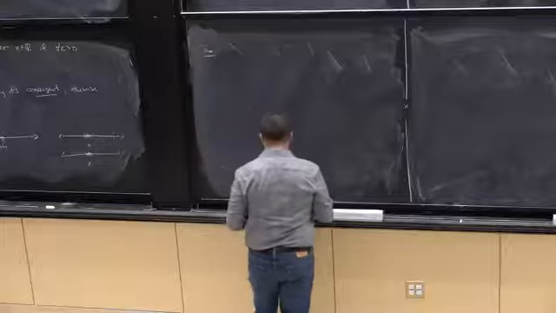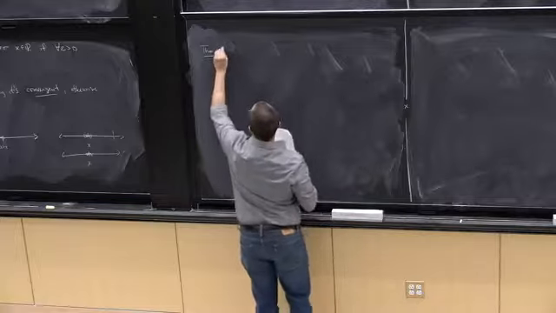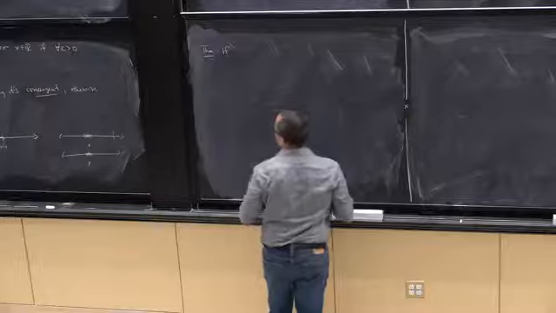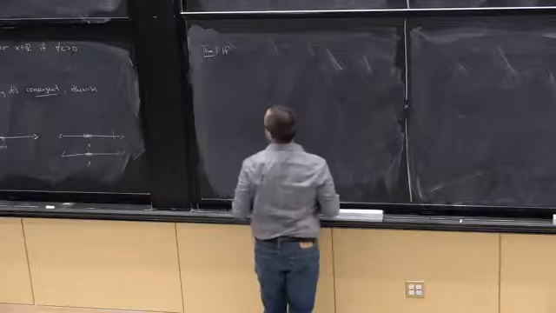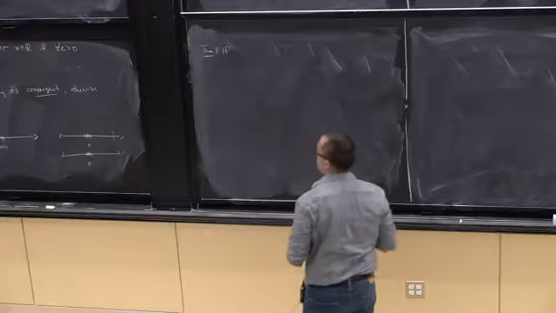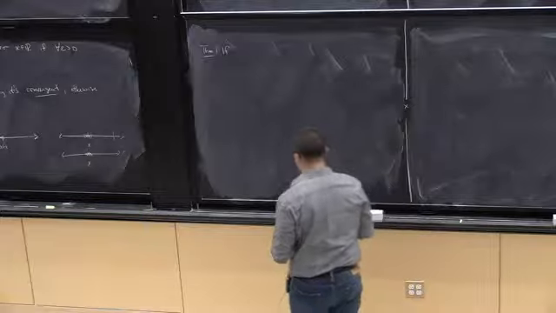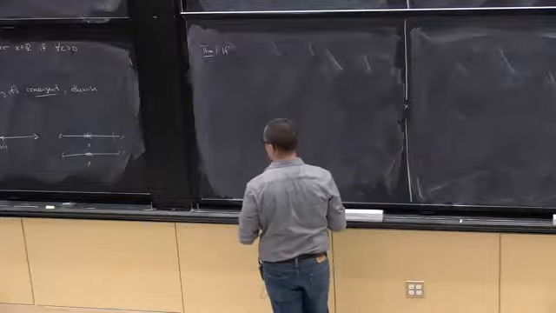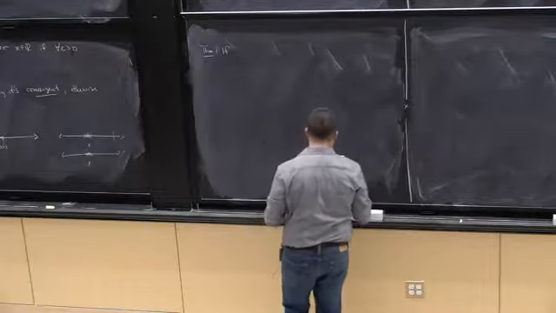So, the following theorem. I'm going to state first a theorem that has nothing to do with sequences, but is a nice way to show two things are equal: you can show they're smaller than anything.